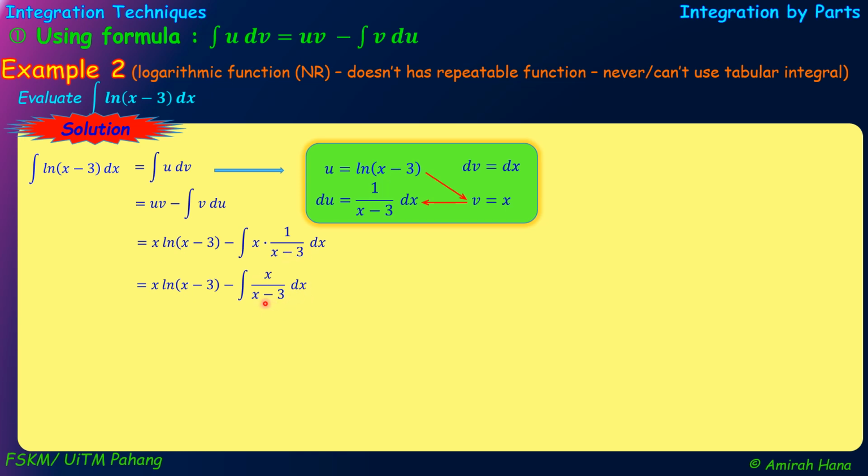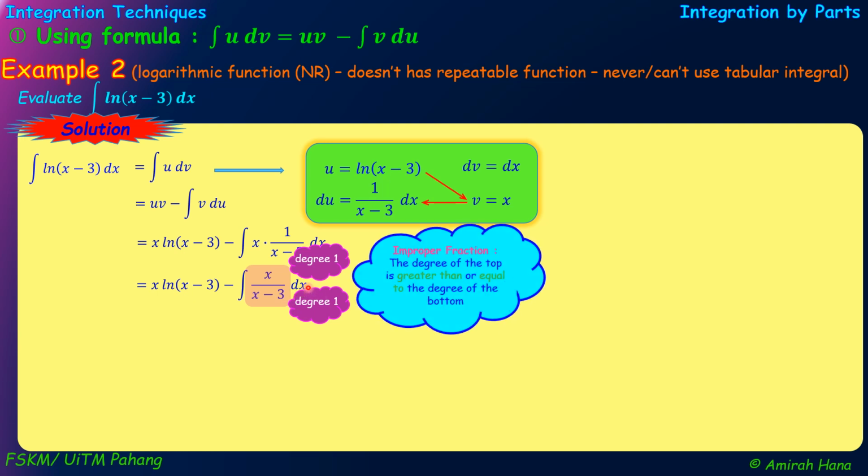How do we integrate the rational function x over x minus 3 dx? From the numerator, we have degree 1, and from the denominator, we also have degree 1. Remember what we discussed in the previous video: this is an improper fraction, where the degree of the top is greater than or equal to the degree of the bottom.